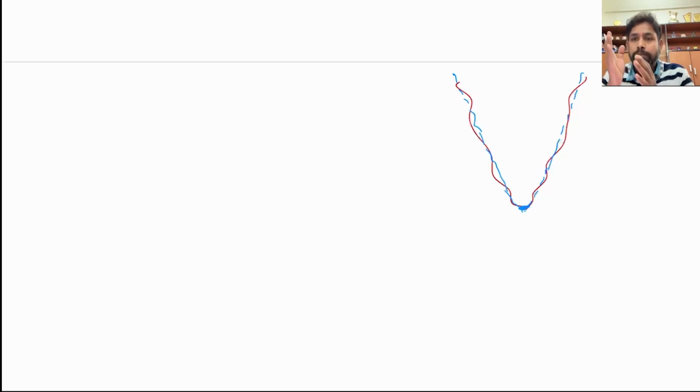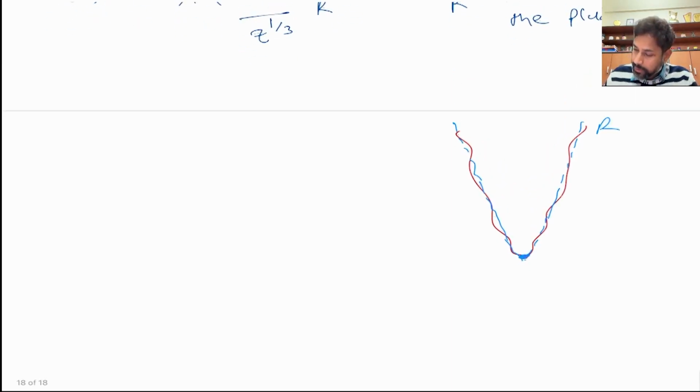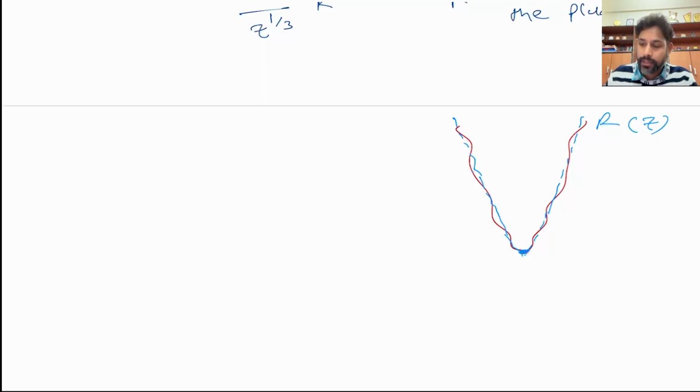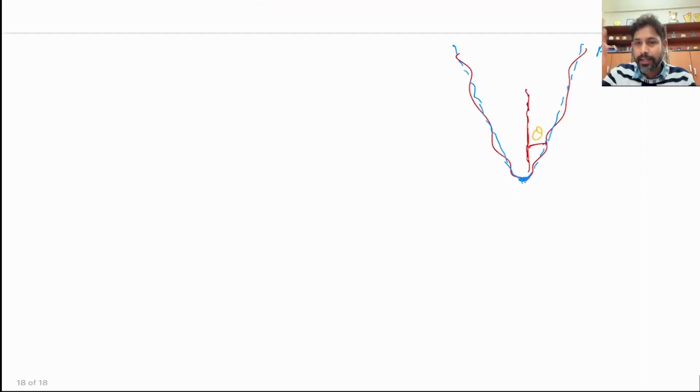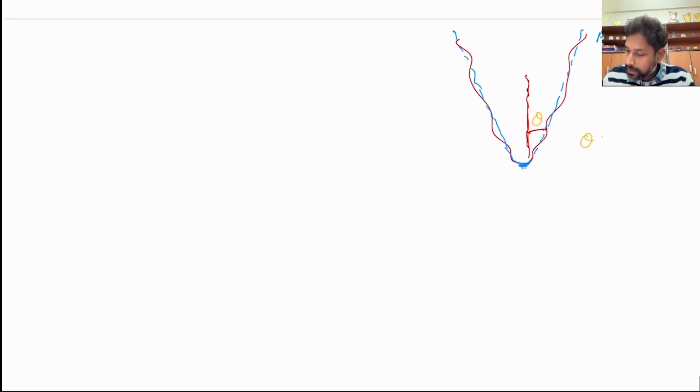So this is a very blurred interface between the plume and the ambient, right? So we will still assume this is r, which is increasing with z. Okay, and experimentally it is found that there is an angle theta between the center line and the plume shape, so that theta is equal to 8.9 degree, that makes tan theta as 0.157.